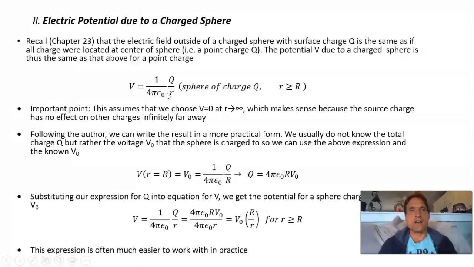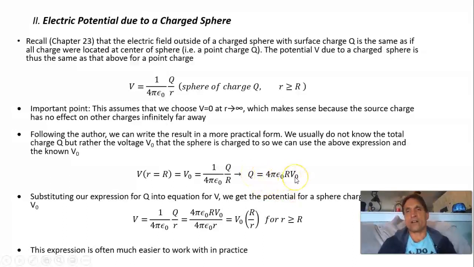So if we charge the sphere to some voltage V0, then the potential on the surface, at radius R from the center, is V0 equals Q over 4 pi epsilon naught R. In this case, we can solve this for Q. If we know the radius of the sphere and how many volts we charge it up to, we can calculate the net charge on the surface of the sphere.